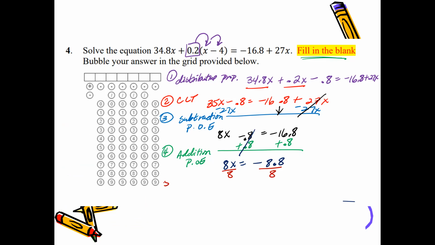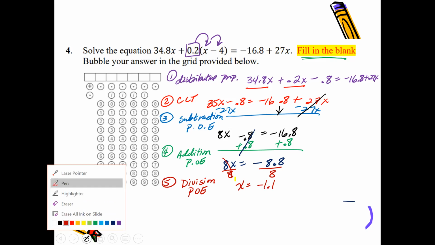Opposite of a times and divide. So your fifth step is division, property of equality. So x equals, and you want to grab your calculator. Is going to give you a negative 1.1.